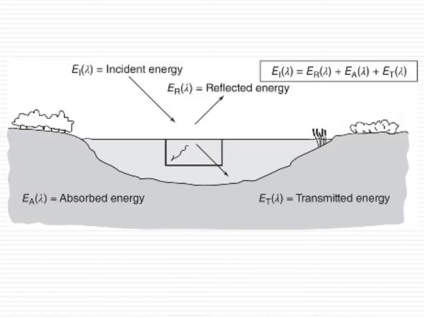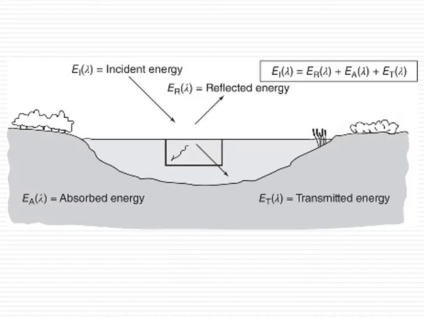Now, when that energy of incidence reaches a surface, it can do one of a handful of things. Whether it's a lake, a glacier, an iceberg, a marshmallow, or a mountain, those options are the same. That energy is either transmitted through that surface, absorbed by that surface, or reflected from that surface.